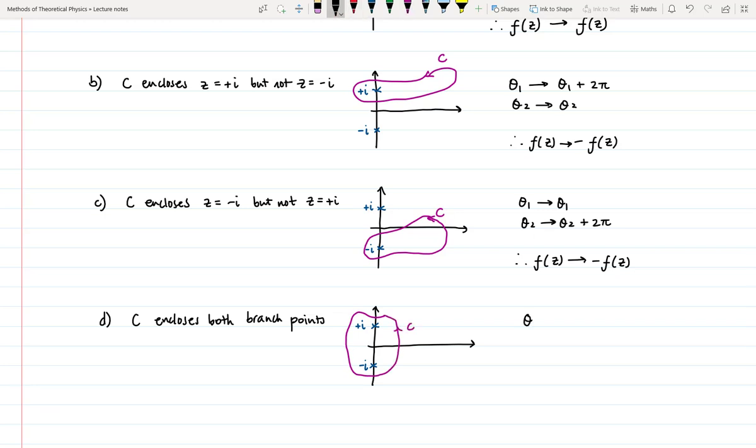Well, now θ1 is going to acquire 2π, and θ2 is also going to acquire 2π. This means that the function is going to pick up 2 factors of minus 1 and therefore return to its original value.